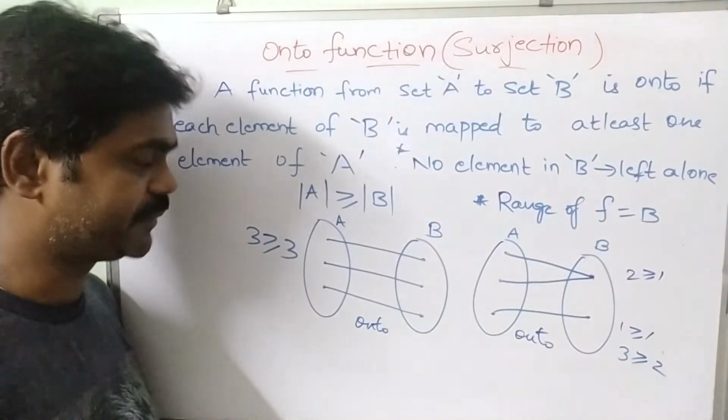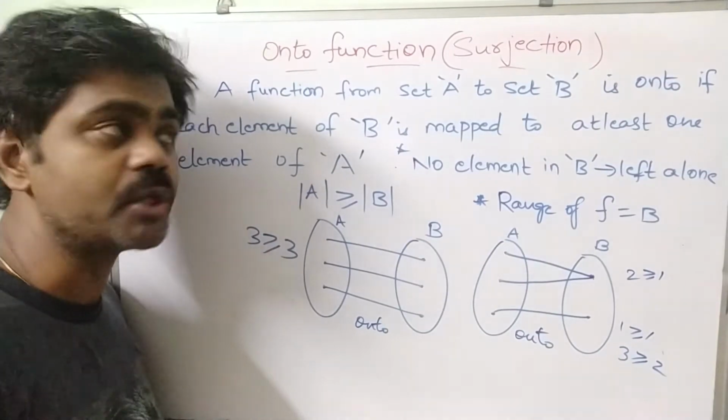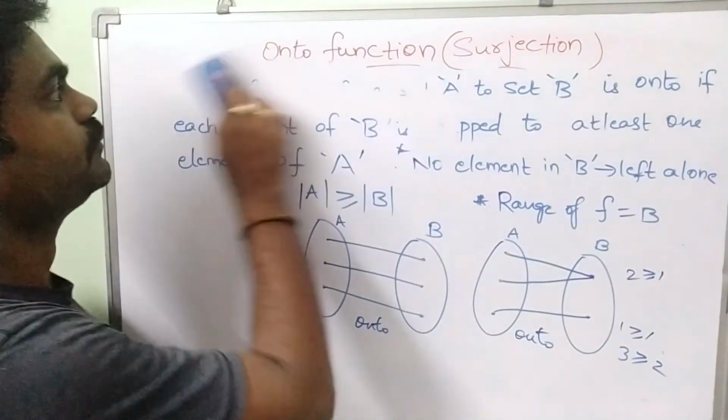And what is the next one? Next one is one-one and onto, that is bijective function.